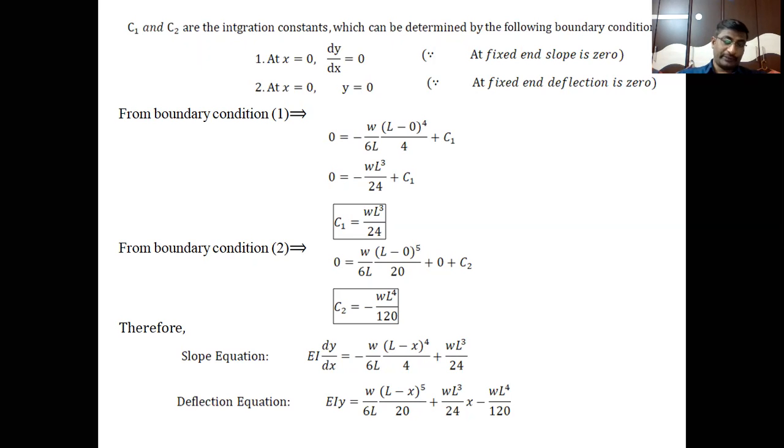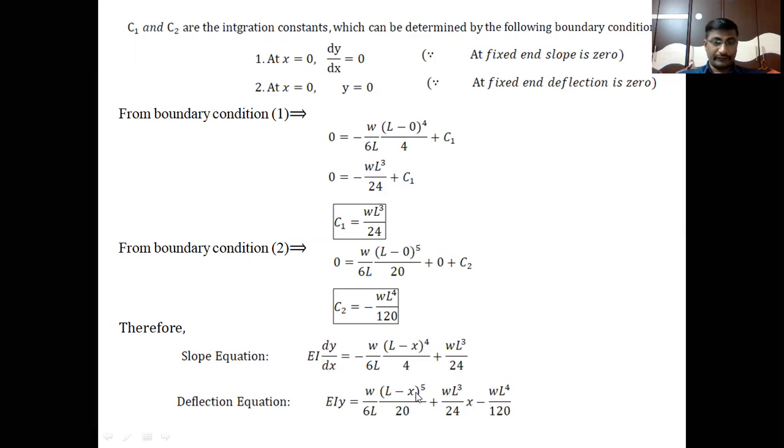In the slope equation, L minus L is 0, so this term is 0. Then the slope EI dy by dx at point B is equal to WL cube by 24.